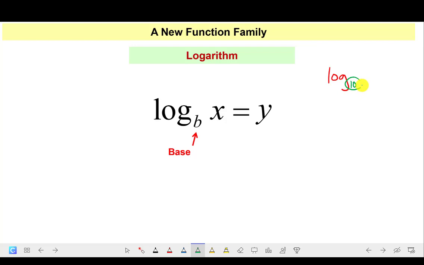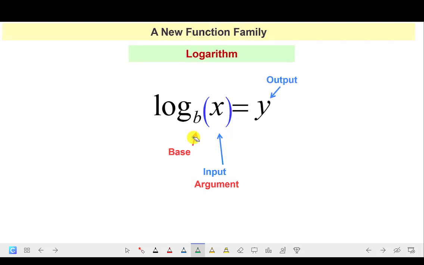So this is called a common log. But typically we have to state that base. This is our input to the function. In logs, we often and probably mostly talk about that as the argument to the log. And of course, y, just like any other, is the output of the function.